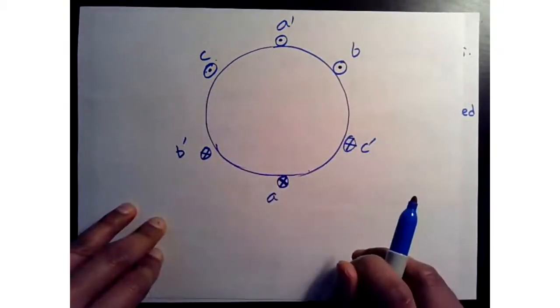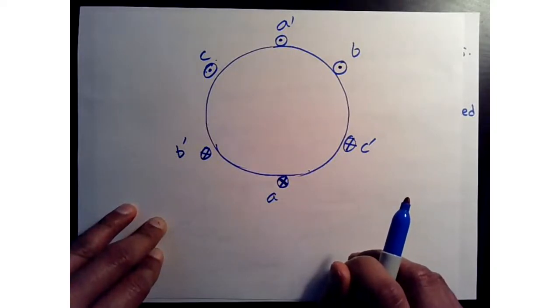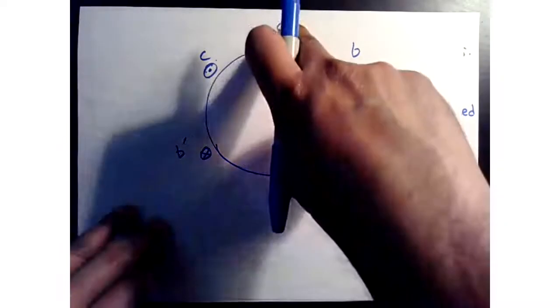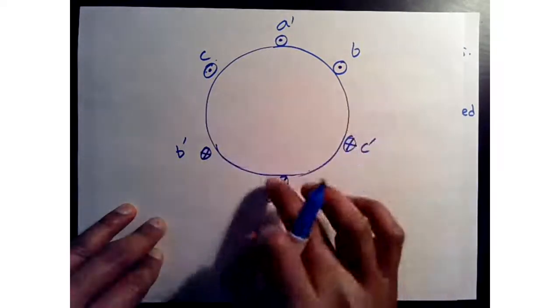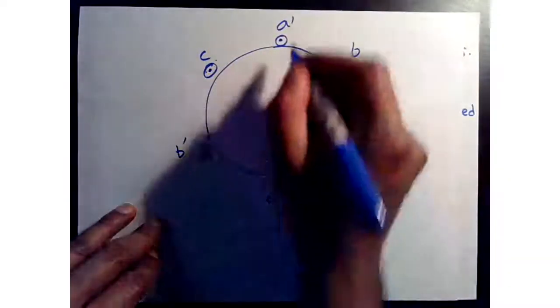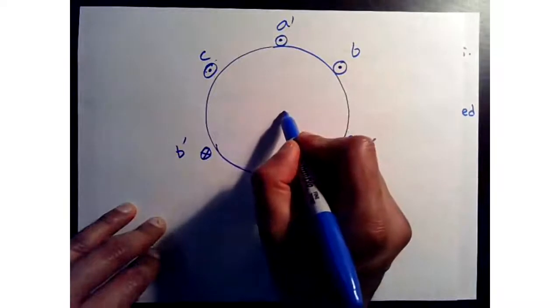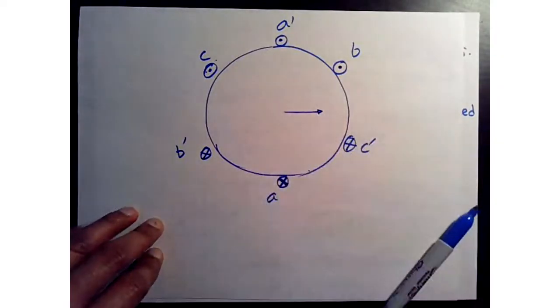Now, when we apply current this way, what can we say about the flux that builds up due to A from the stator? So based on the right-hand rule, the flux is going to be from A in this direction.